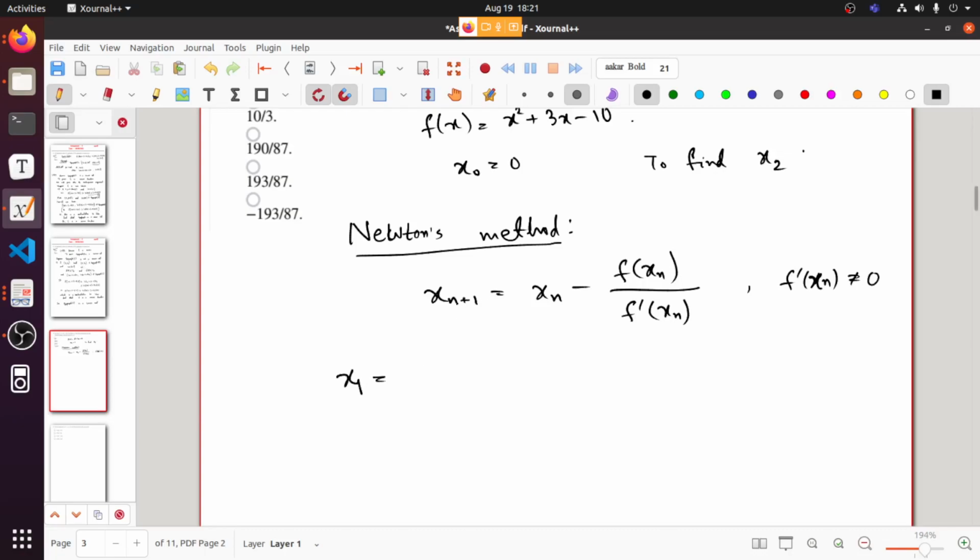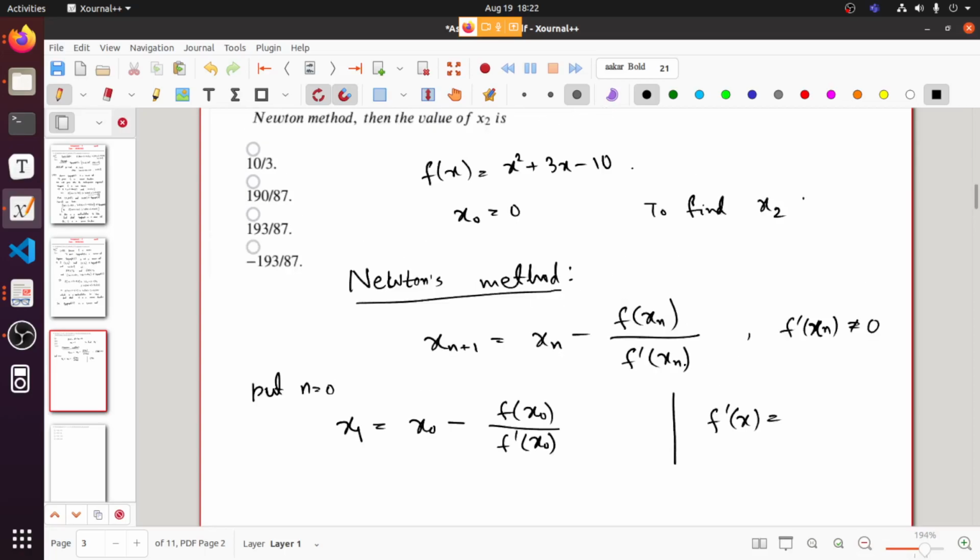So x1: put n equals 0, so we get x1 equals x0 minus f of x0 by f dash x0. So what is f dash x? Just compute it. Because f of x is x square plus 3x minus 10, f dash will be 2x plus 3.